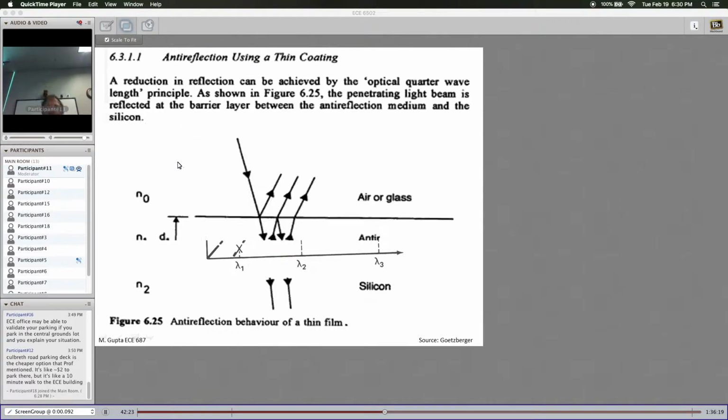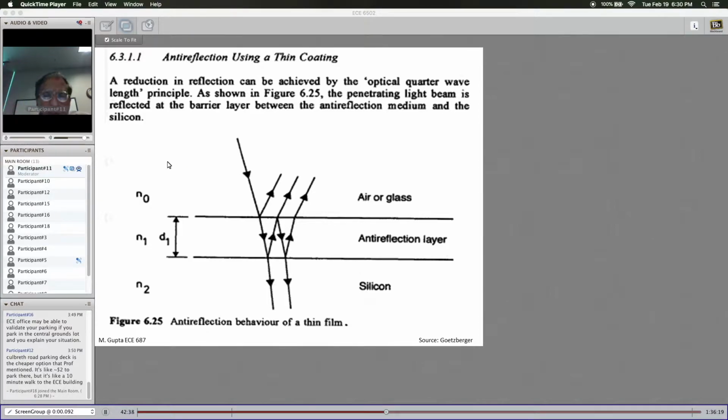So next, the question is how do we calculate how much the loss is, and how do we minimize that loss? One principle: the light is coming onto the silicon, which is the bottom one. You put a transparent thin film on top of the silicon.